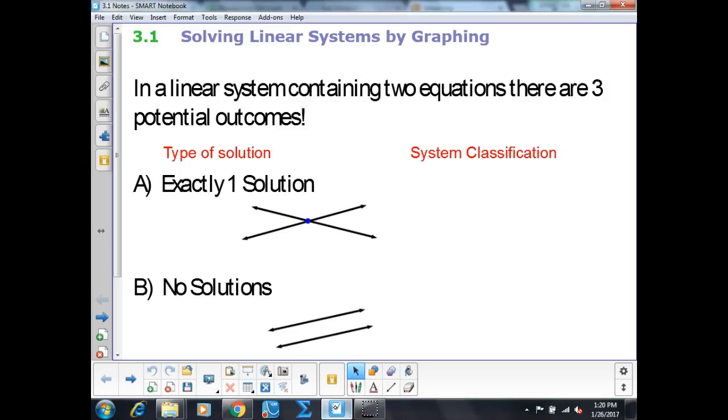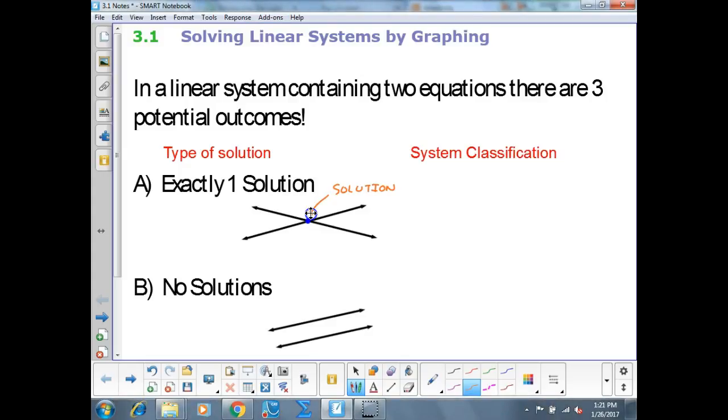So if they cross once, then this intersection point right here would be the solution. That intersection point is going to be called the solution. And then we can classify that system, because we love system classification.